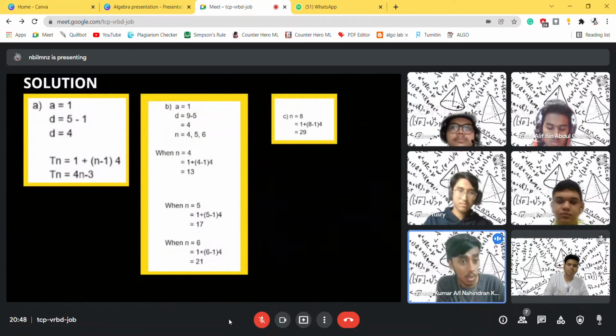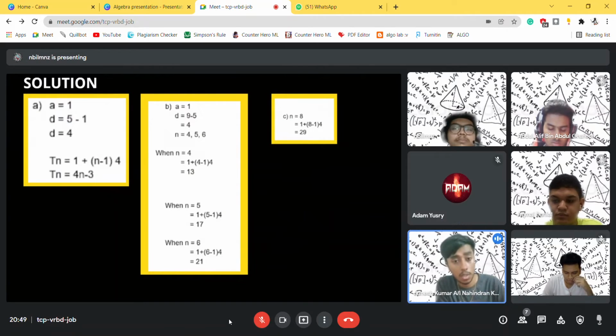As for the solutions, A is very easy, so we have the first term A and the common difference. We put them into the formula and come up with the nth term, which is Tn is equal to 4n minus 3. As for part B, we have A, we have the 9, and we have d, which is 4.